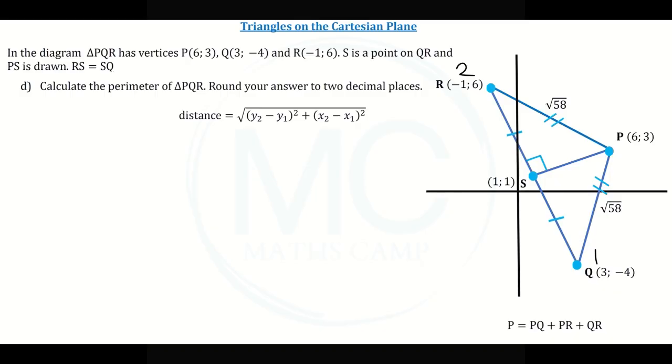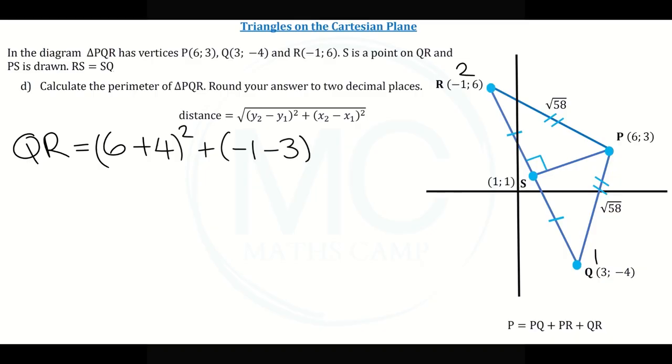And we can say the length of QR is equal to 6 minus negative 4 in a bracket squared plus negative 1 minus 3 squared, all under a square root.